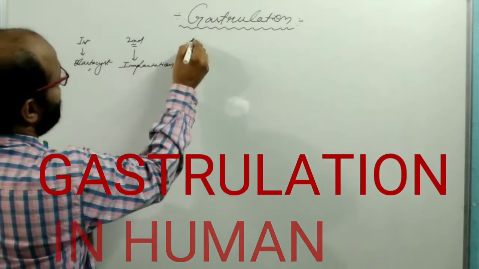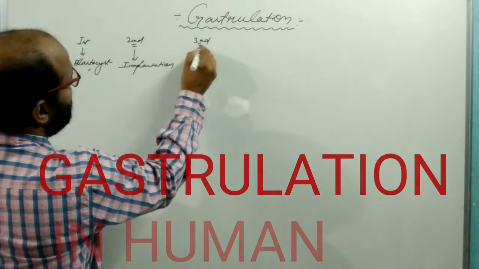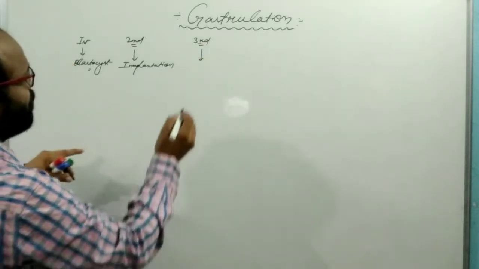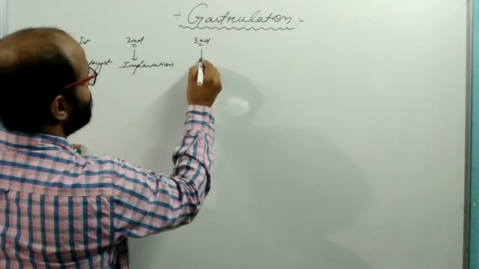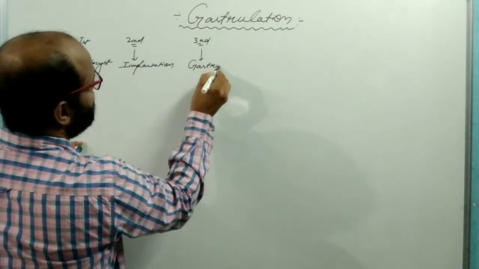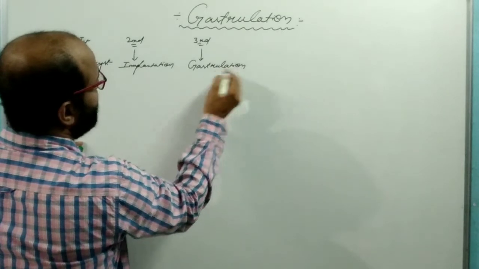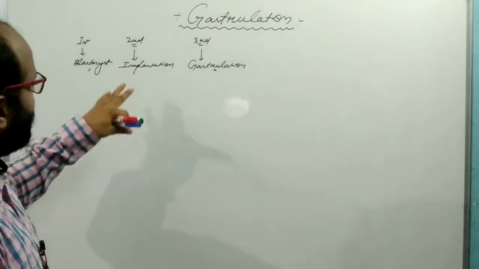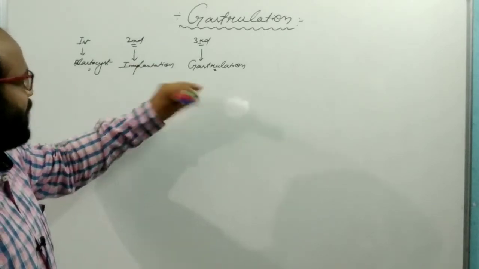Implantation is over, and by the beginning of the third week of fertilization, the process of gastrulation starts. Gastrulation begins by the end of the third week of fertilization. So what is the meaning of gastrulation?